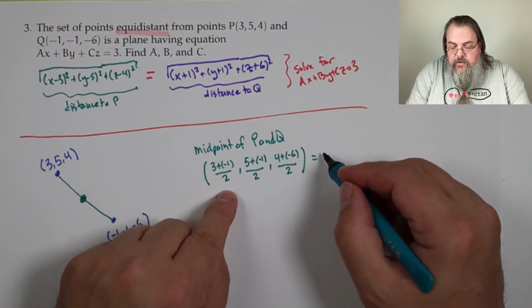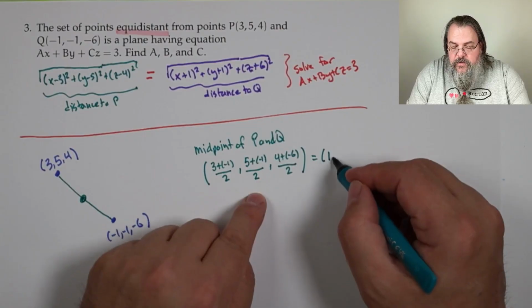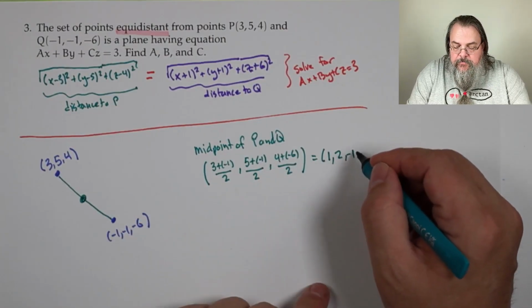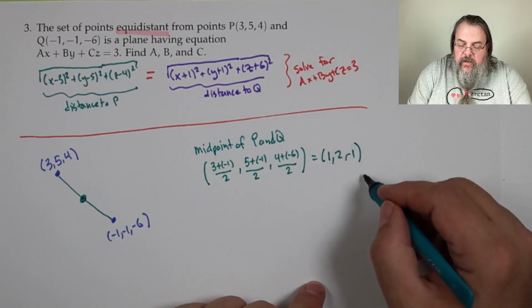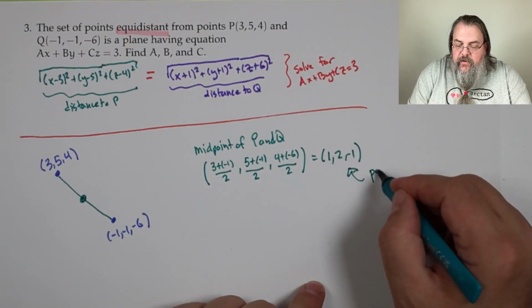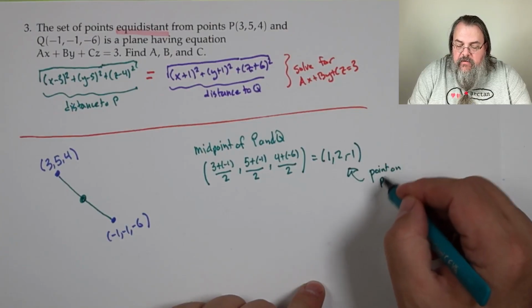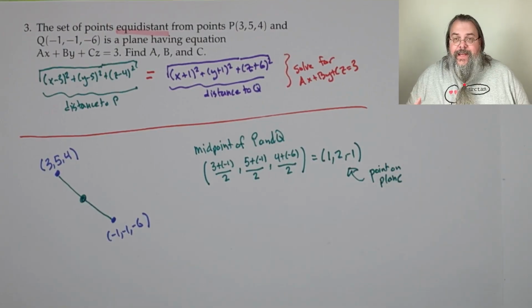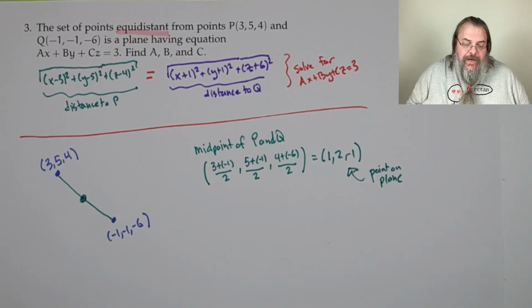Well, okay, 2 over 2 is 1, 4 over 2 is 2, 4 minus 6 is minus 2 over 2 is minus 1. So here, this is a point on the plane. Because it's a point which is equidistant, we're finding a plane, that's one of our points. Now, that's good news. Now the question is, how do you find the other points?